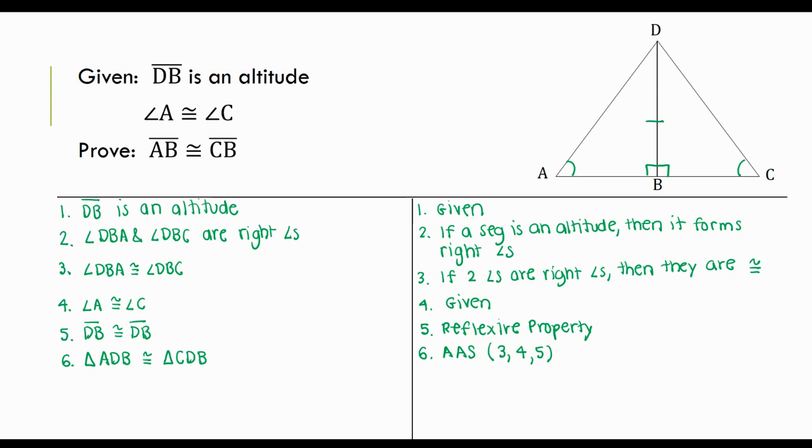And now that I have congruent triangles, any other pieces of those triangles are congruent. So we're able to go to what we're trying to prove, that the segment AB is congruent to the segment CB. And remember, it's the concept CPCTC, corresponding parts of congruent triangles are congruent. If I don't have congruent triangles, I cannot use CPCTC.